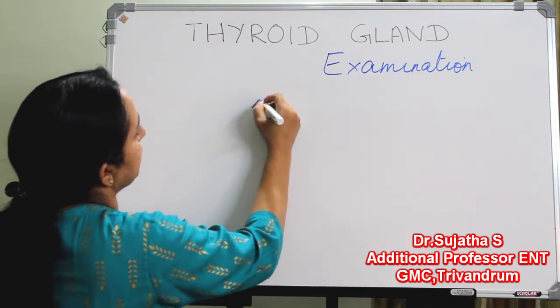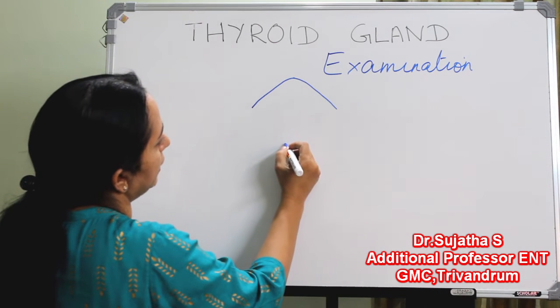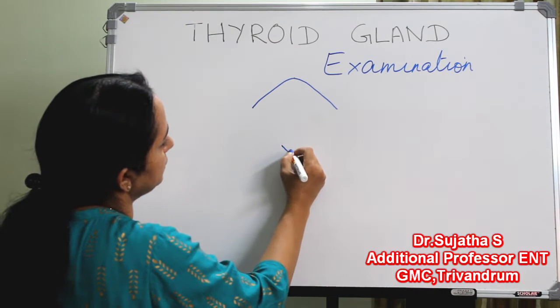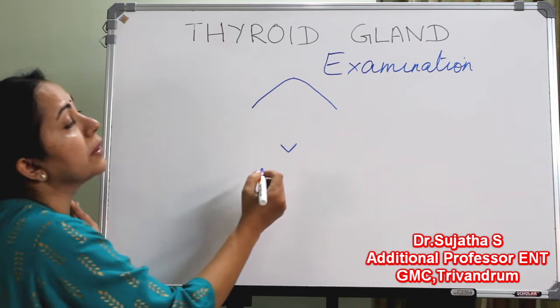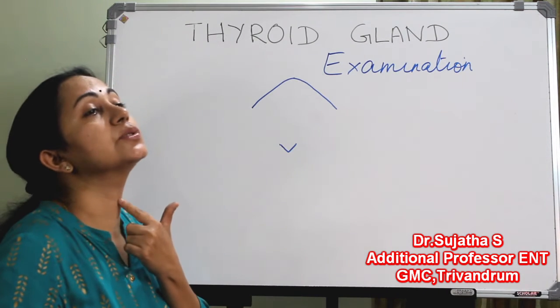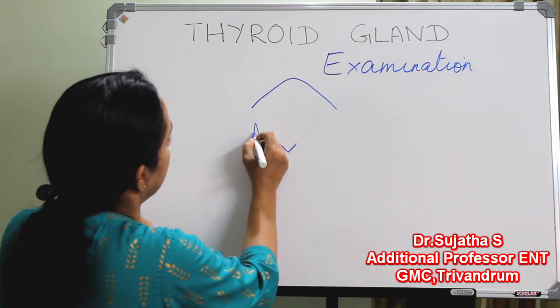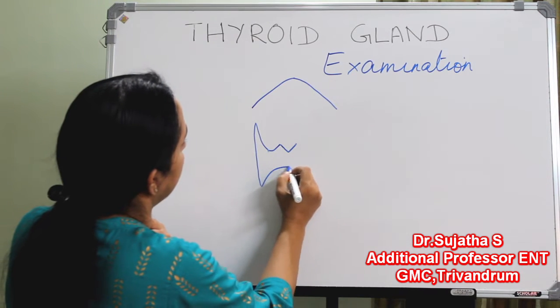So starting from the chin, you come and palpate. After the chin, the next prominence is the thyroid cartilage. The Adam's apple will come there.